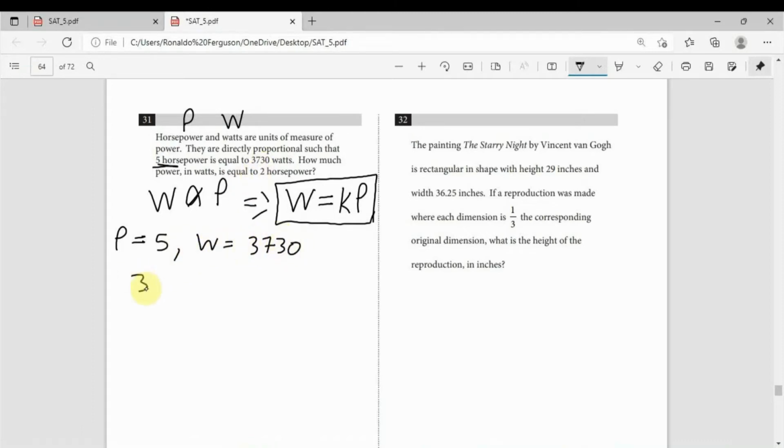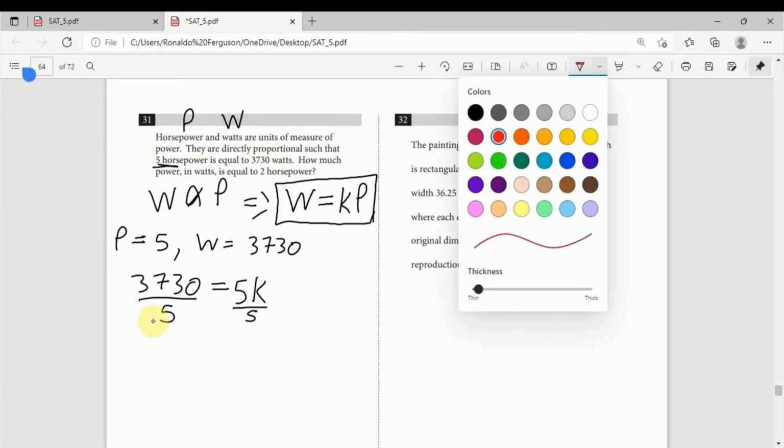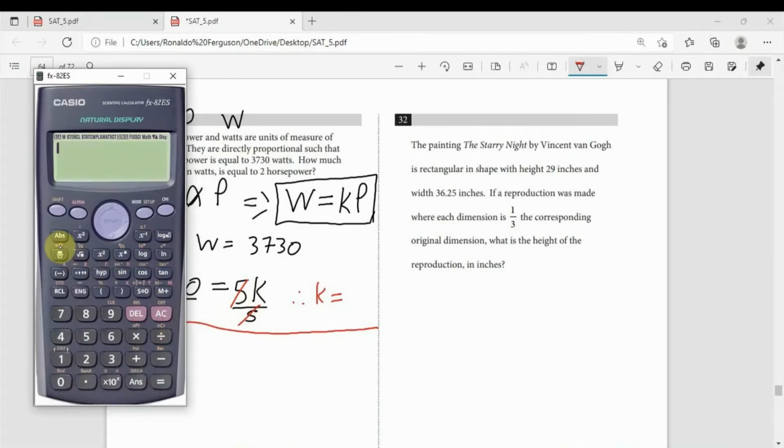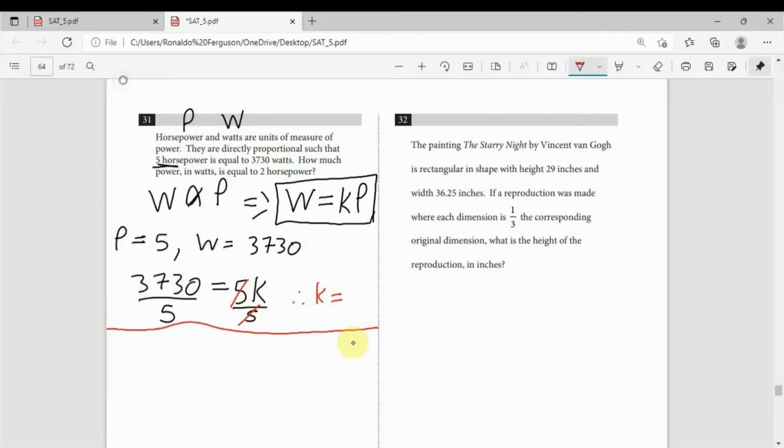In that case, 3730 is equal to the constant times P. P is 5, so that's 5 times our constant K. We can divide both sides by 5 to find K. 3730 divided by 5 gives K equals 746. Good.